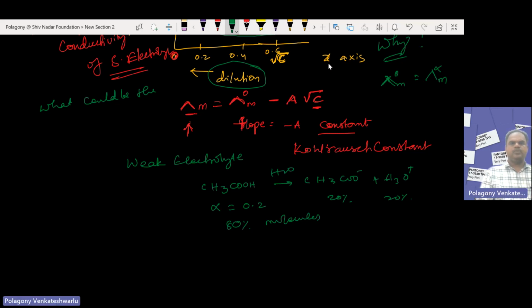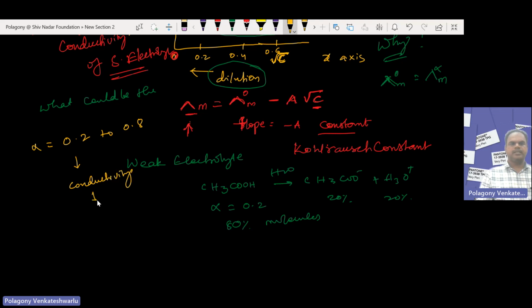When we add water upon dilution, the alpha value increases from 0.2 to 0.8. When the degree of dissociation increases upon dilution with increasing volume, the molar conductivity increases.